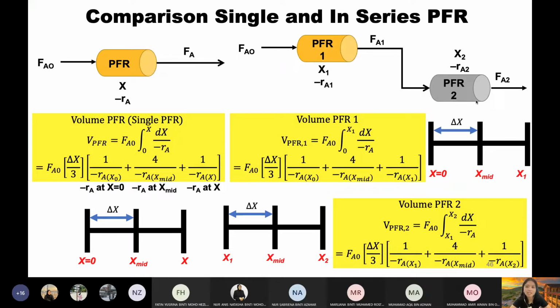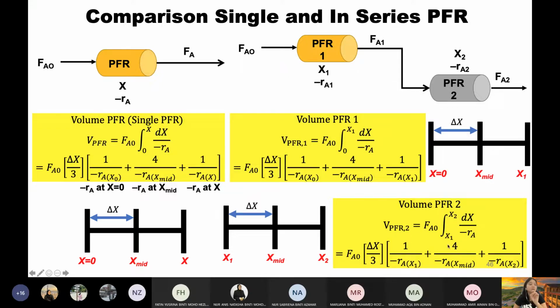You must remember, conversion does not reset. So from this second reactor, it continues converting from X1 to X2. That's why the formula becomes volume PFR2 equals FA0 integrating from X1 to X2. This is what changes now. Because for the second reactor, the lower limit is X1. The upper limit is X2.